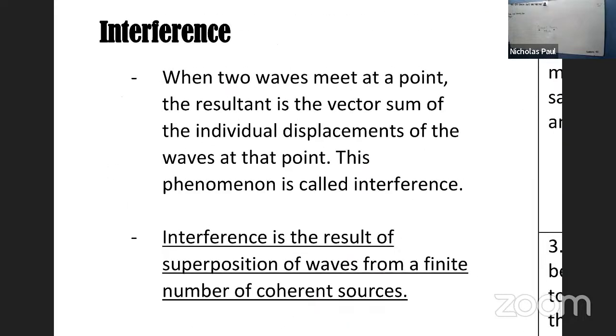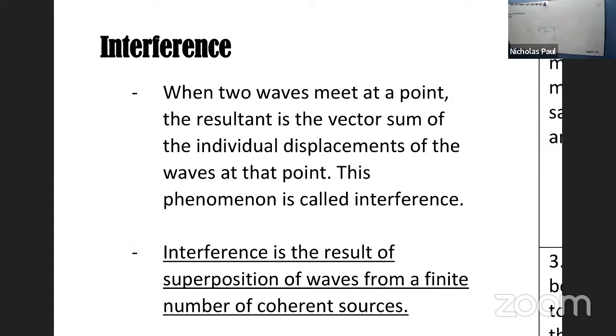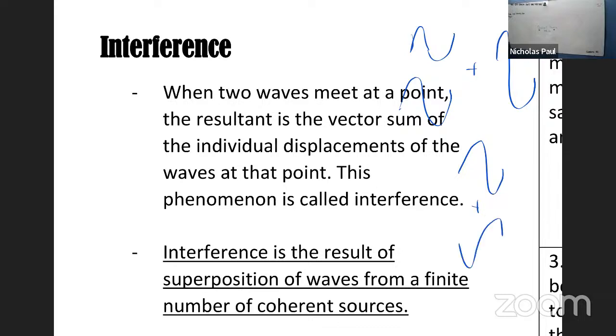What about interference now? Interference is when two waves meet at a point, the resultant is a vector sum of the individual displacements. So you should remember, if you have crest and crest meeting, the superimposed wave will be a much larger wave. If you have crest and trough meeting, they'll cancel off and give you nothing. So you have constructive interference and destructive interference here.